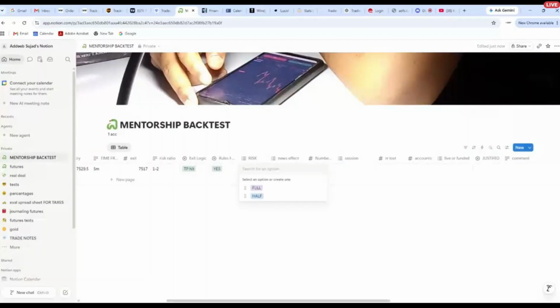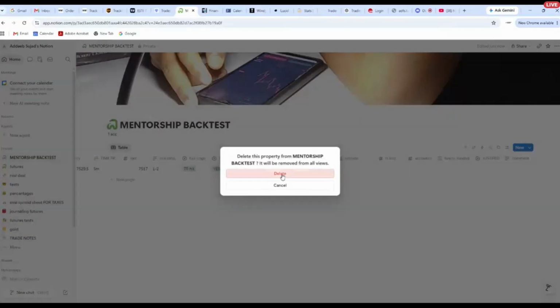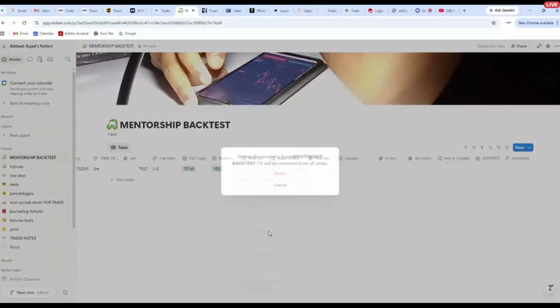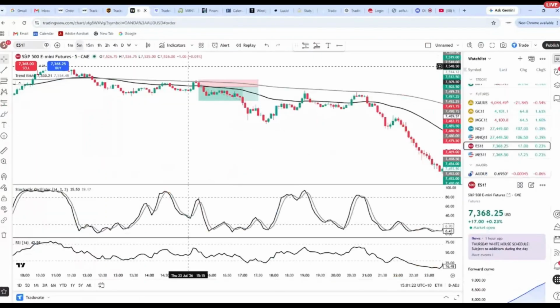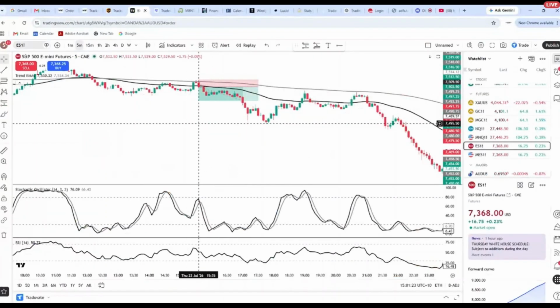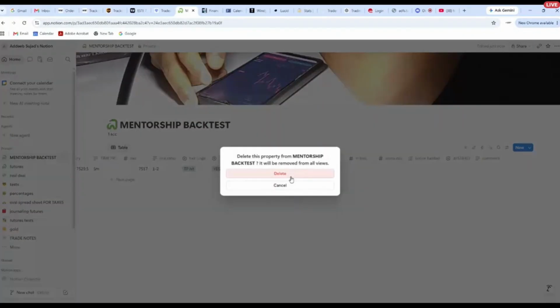Risk is whether you halve the risk or take full risk, but since we're not using any money, we don't need it at all, so we'll delete these two properties. The news effect, since we're just backtesting, we can't really tell. It's at 15:35, so we can't tell back then, but we would need this when we're demo trading.